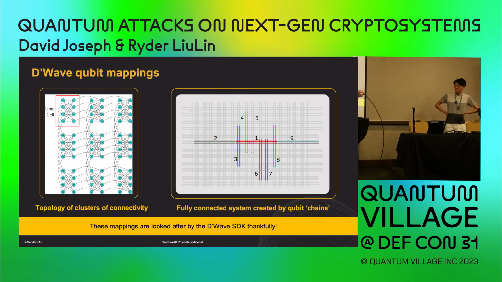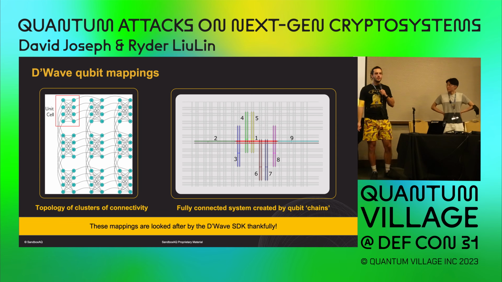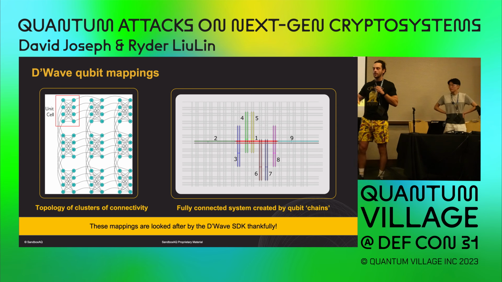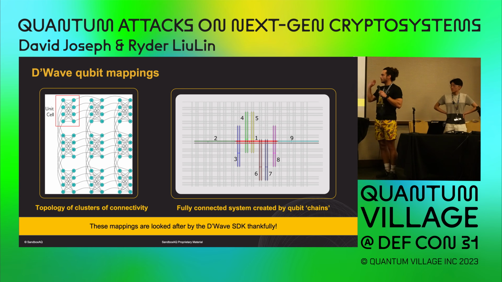So you may be wondering, well, I've turned up here with my NP-hard or whatever-hard, fully connected problem. I want everything to be entangled with everything else. What am I going to do with that? Well, fortunately, there are mappings which take these 5,000 alleged qubits and reduce them to a much smaller set.